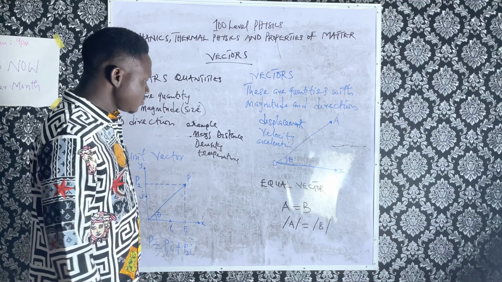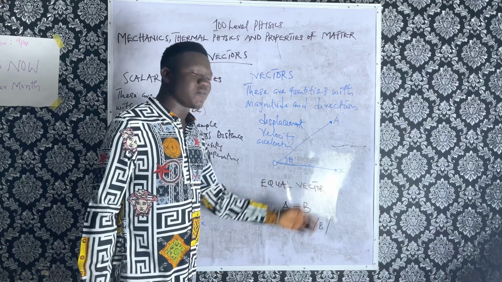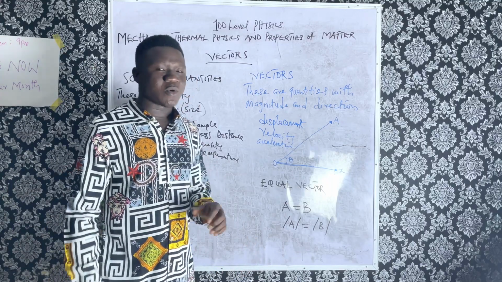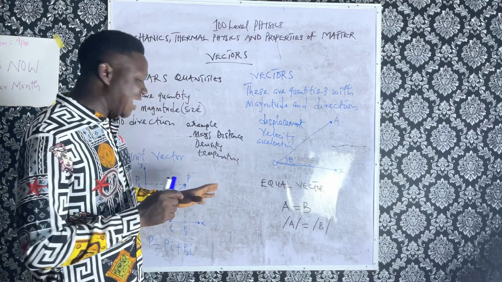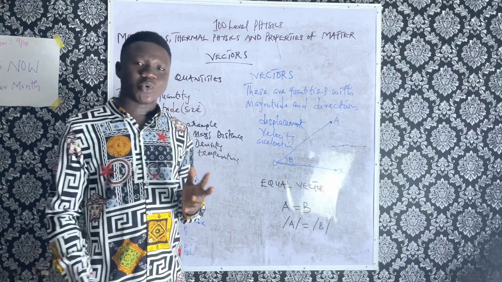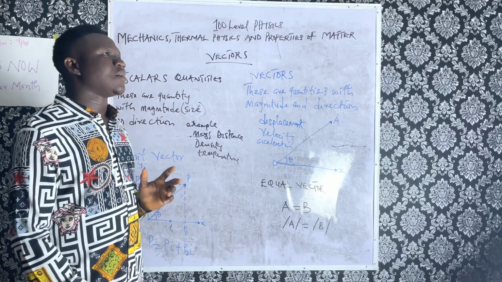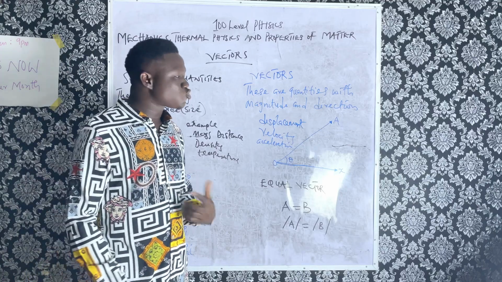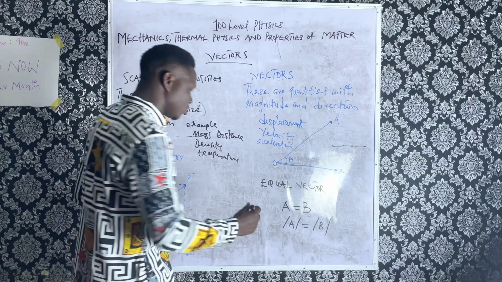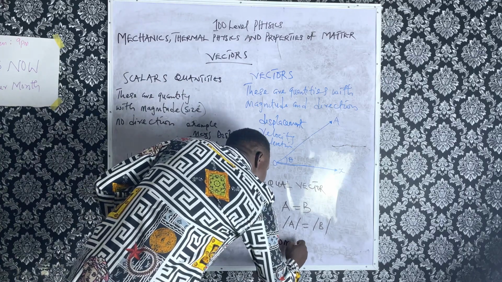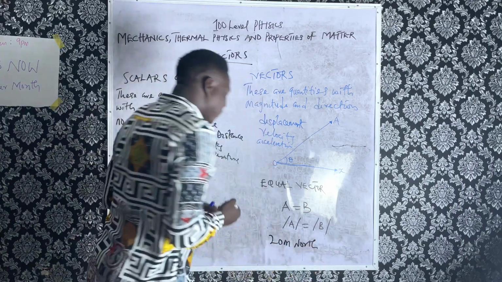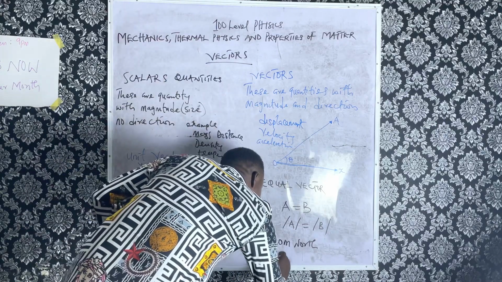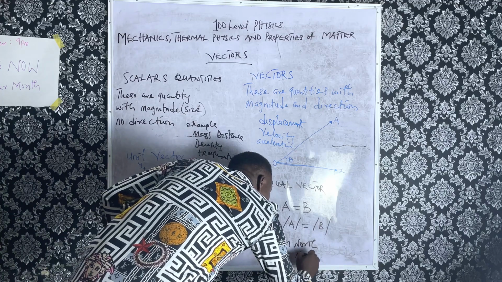Now, when we say equal vectors, what do we mean? Equal vectors are vectors that are equal in size and direction. Let me use something relatable. Let's say I'm moving 20 meters north, and another person is moving 40 meters north.